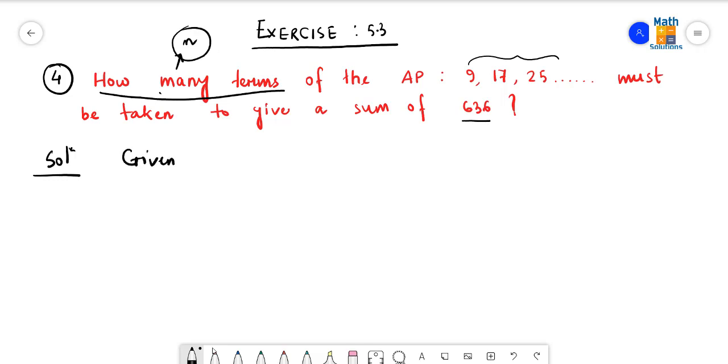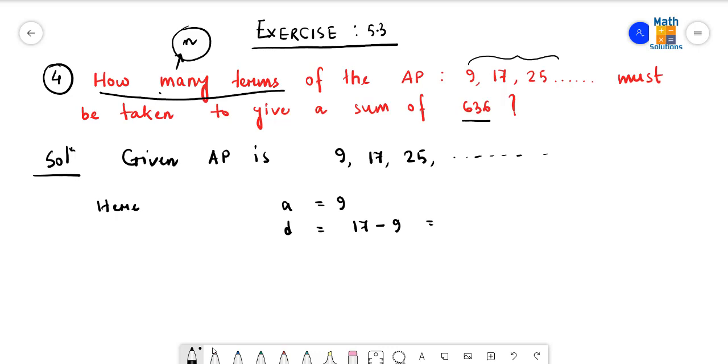So the given AP is 9, 17, 25, and so on. Here the first term a is equal to 9, and the common difference d is equal to the second term 17 minus the first term 9, which is 8.